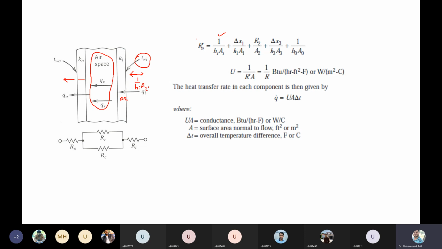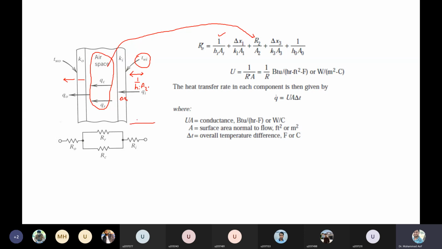So you can calculate the overall or the equivalent resistance. All resistances are in series now, because the airspace has been represented with an equivalent resistance, right, through experimentation.